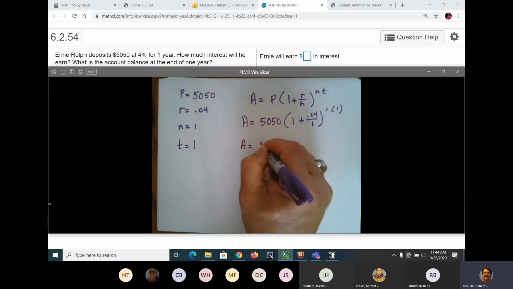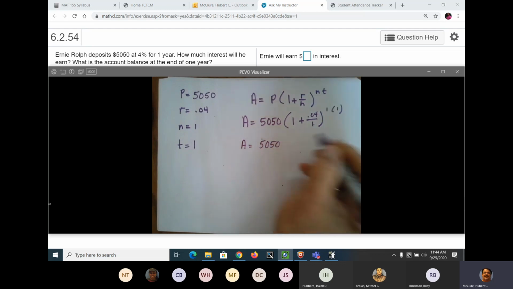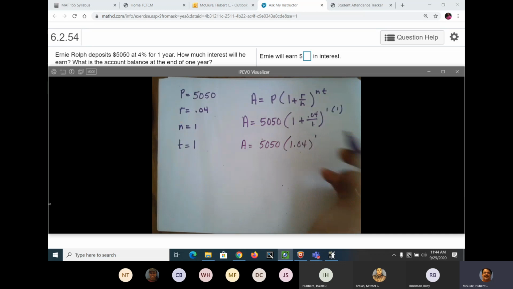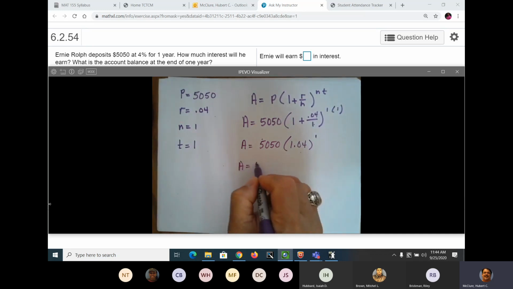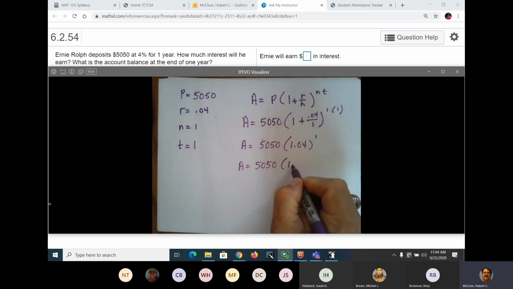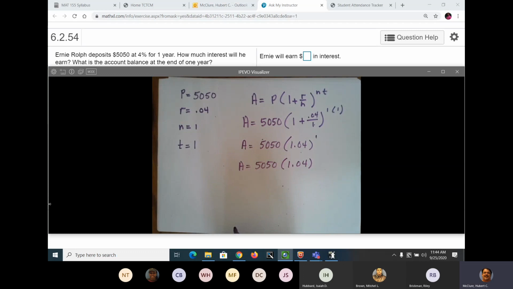A is equal to 5,050 times 1.04 raised to the first power, which is A is equal to 5050 multiplied by 1.04. Well, I'm going to try to do this in my head. 1 times 5050 is 5050. 10% of 5050 is 505.